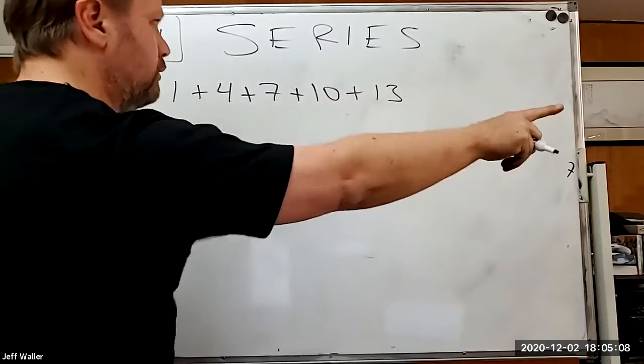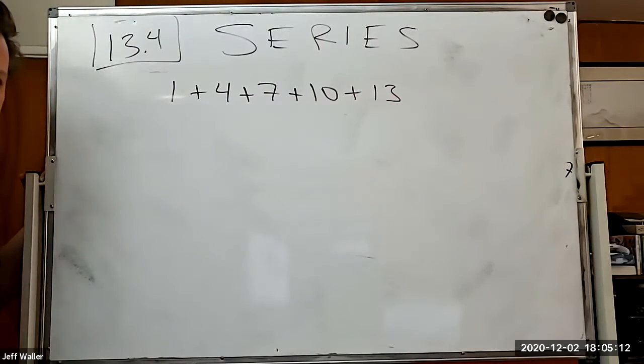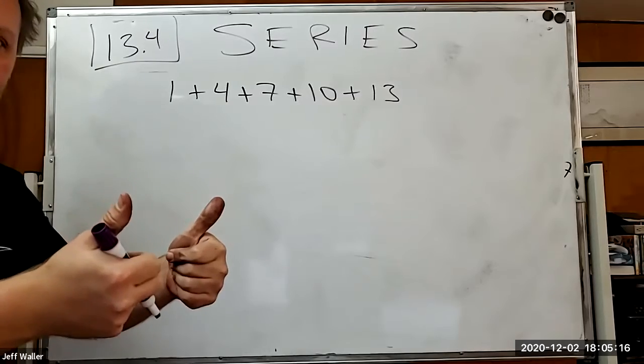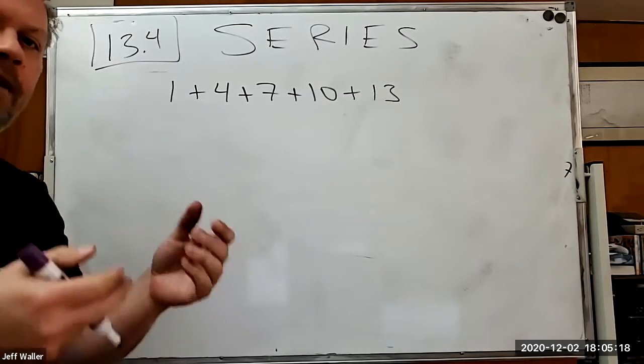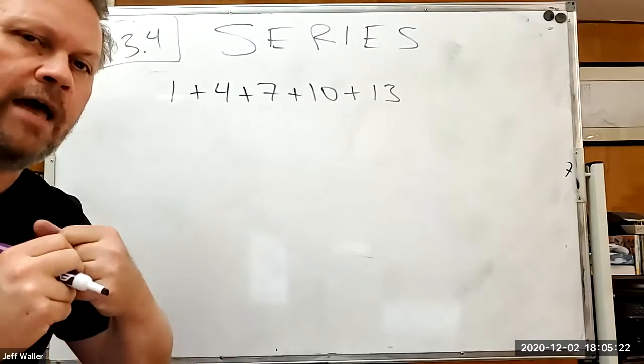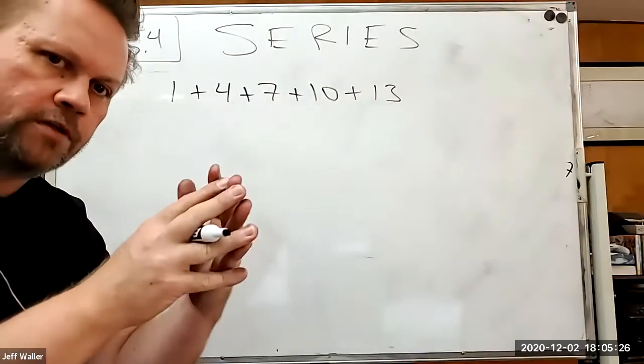If I did this one forever, what would the answer be? Infinity. Yes, infinity. We would say that it does not converge, which is the technical way to say I have an infinite sum that doesn't converge to something.